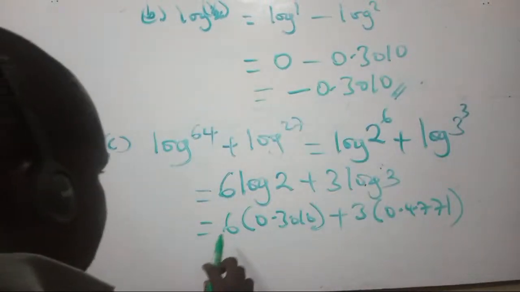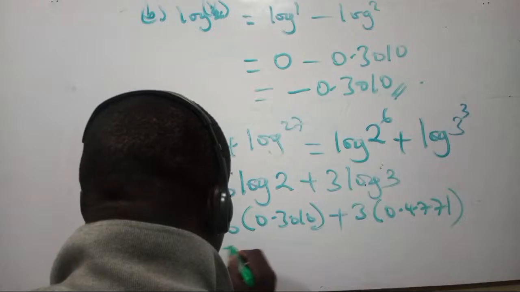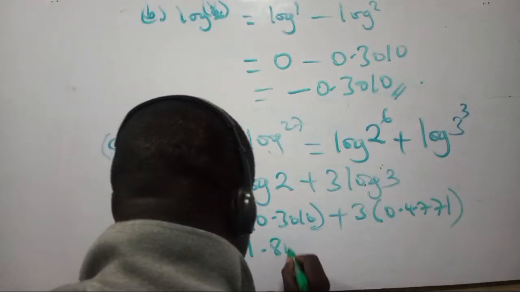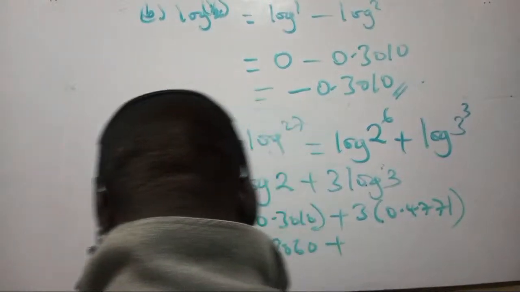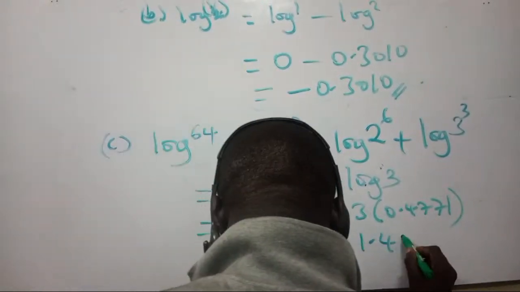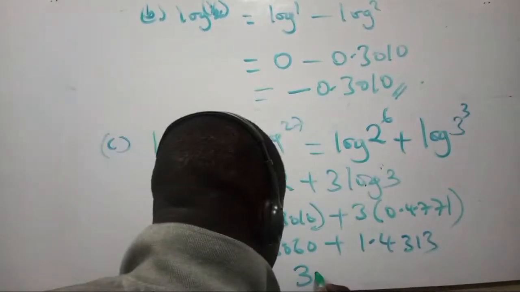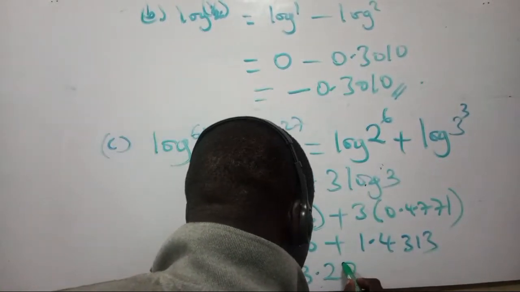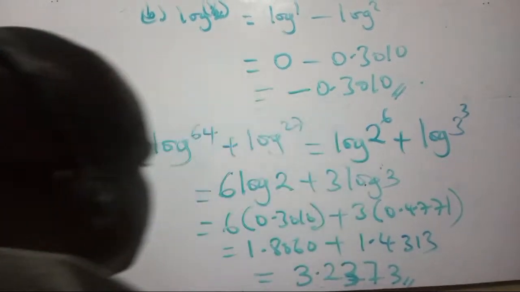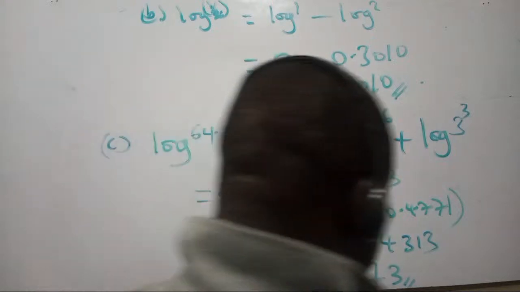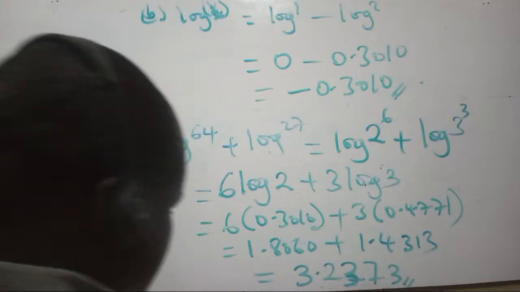If I multiply 6 by 0.3010, I'm going to get 1.8060, plus 3 multiplied by 0.4771, I will get 1.4313. So if I add the two together, I'm going to get 3.2373. And that will be the final answer.